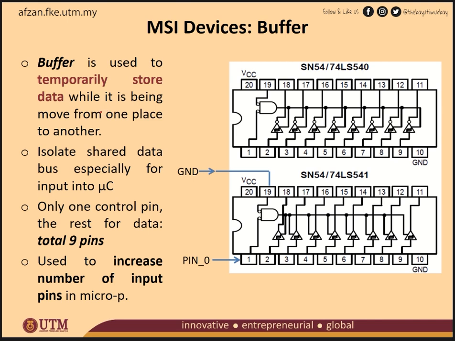So we use a buffer. It's an isolated shared data bus, especially for input into the microcontroller. There is only one control pin, the rest for data, which is a total of 9 pins. It is used to increase the number of input pins. So the buffer here is used to increase your input.